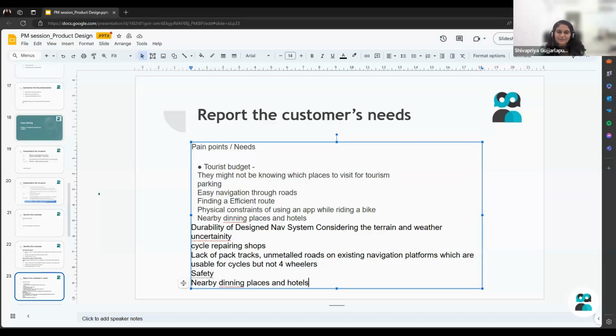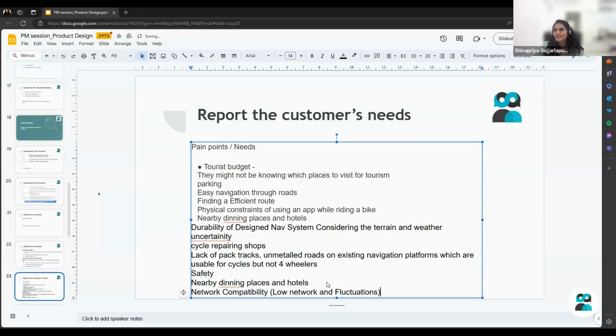I don't even think you folks need me to walk through all these things. Great answers over there. I think we can pause on the pain points. You folks have gone exhaustive on bringing in the list of possible pain points the customer might be going through while navigating in a new city.